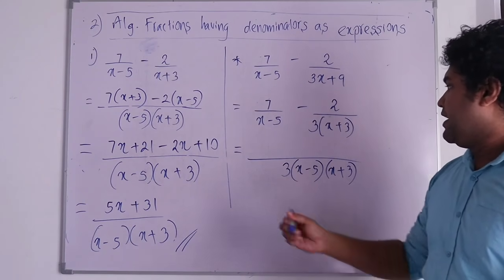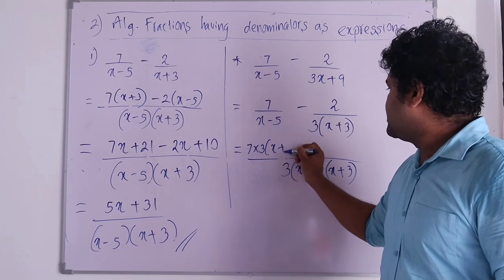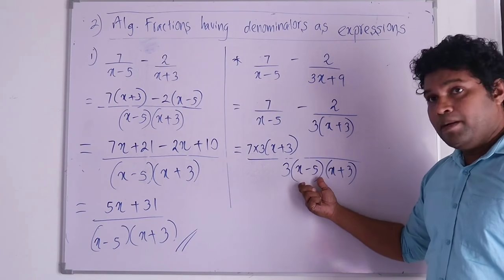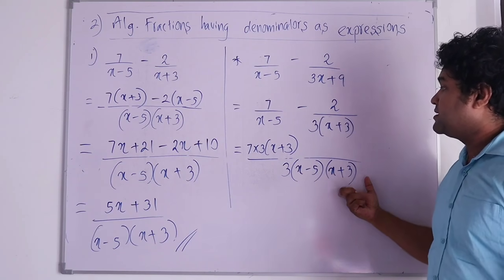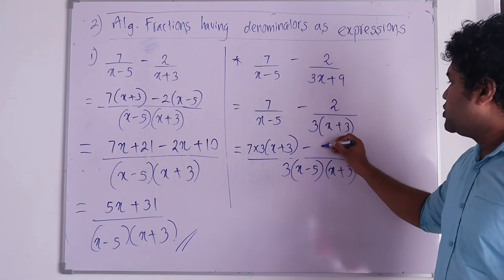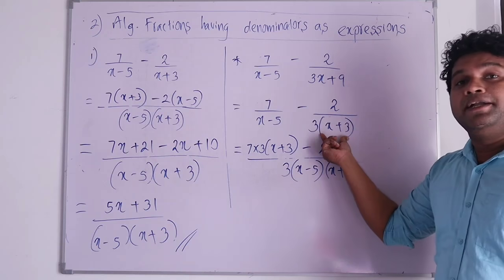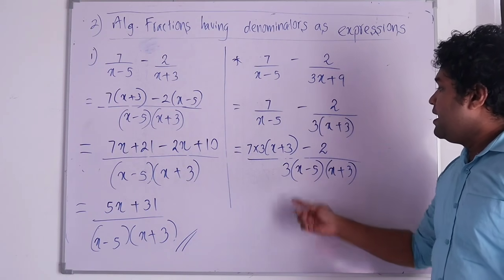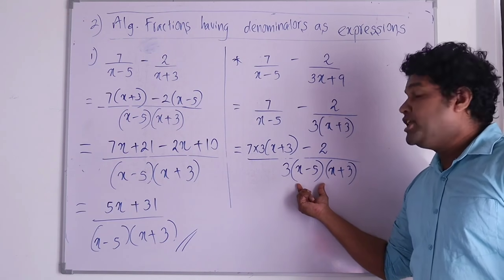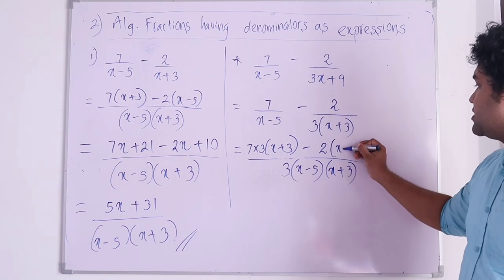I will indicate that 7 is multiplied by 3 and x plus 3. Carefully you have to watch, right? x minus 5 you had, but you have additionally now 3 and x plus 3. I multiply that 7 by 3 and x plus 3. And minus 2 is 2. It is coming always. But the denominator you had 3 and x plus 3. Now you have 3 and x plus 3, and additionally you have x minus 5. You have to multiply this numerator by x minus 5.